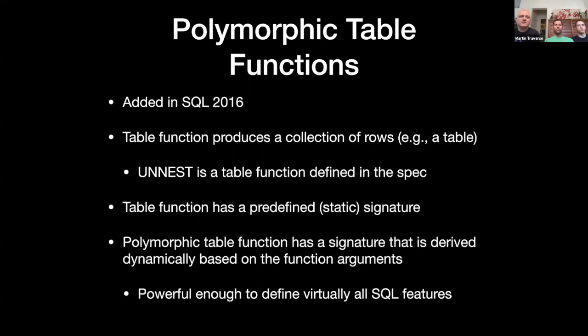The problem is that in the spec up until 2016, table functions had a predefined static signature. So you'll sometimes see in databases, they'll have like a sequence table function where you can say select from sequence 1, 100, and that will return a table that has one column that's just a bigint or something like that.